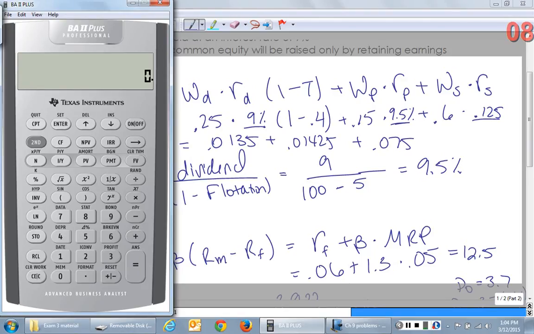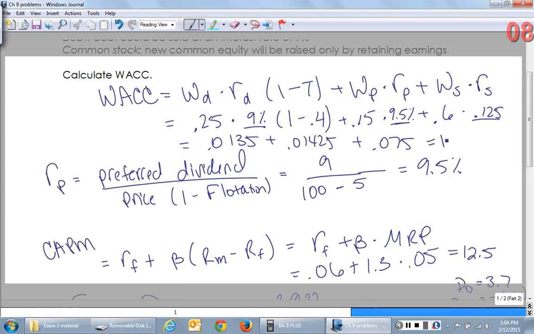And my calculator keeps having sticky buttons and not working. But if you add all of those up, you get 10.275%. So the weighted average cost of capital for company XYZ is 10.275%.